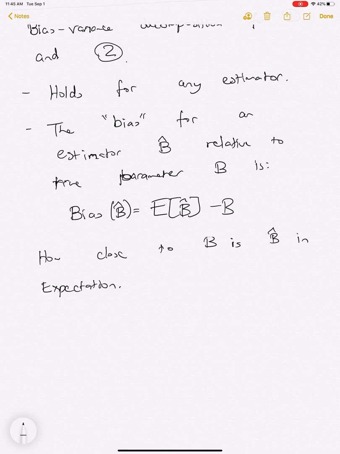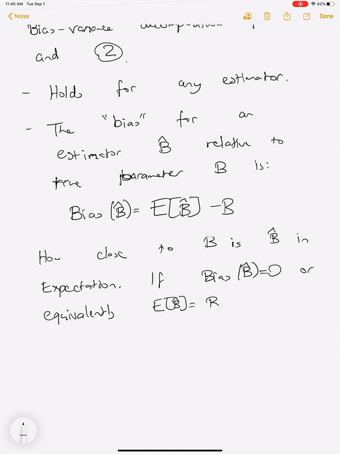And so we can further say that if the bias is 0, or equivalently E of b hat equals b, then b hat is what's called unbiased.